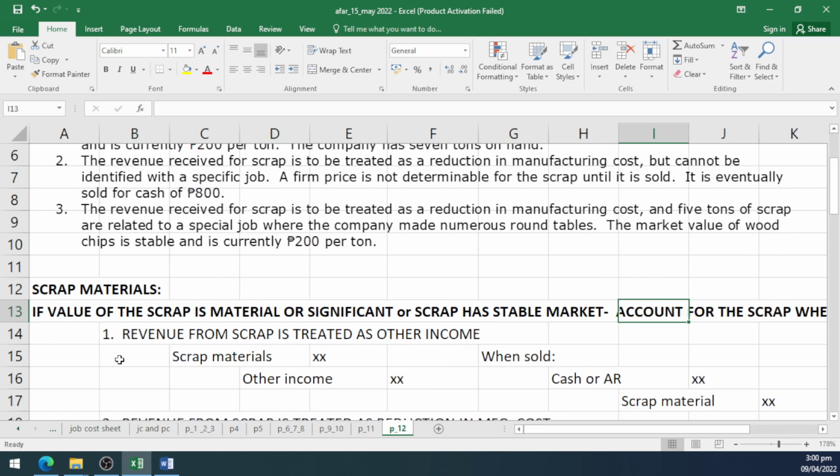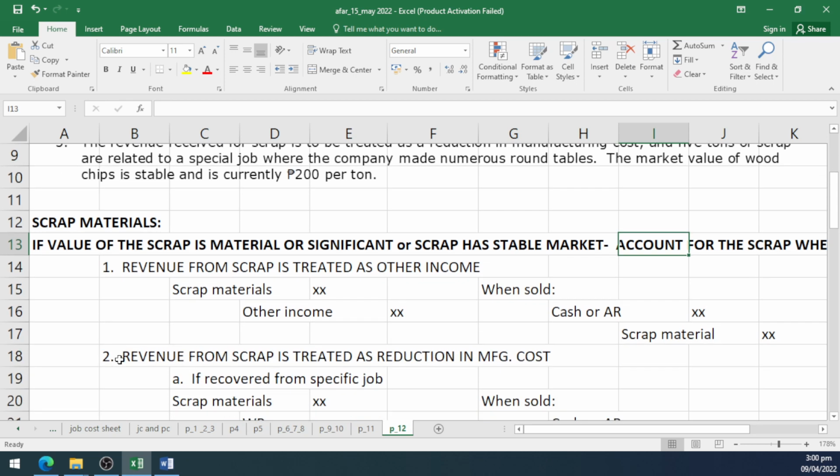Paano ang magiging accounting natin? Ito ang iba't ibang treatment sa revenue from scrap. So, ito ay iba't ibang method. Pagka-recover, mayroong estimate ng value ng scrap at ito ang magiging accounting.